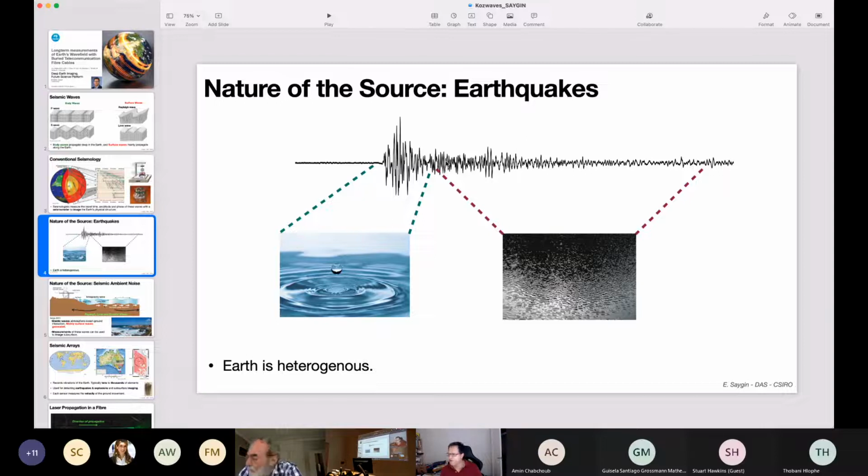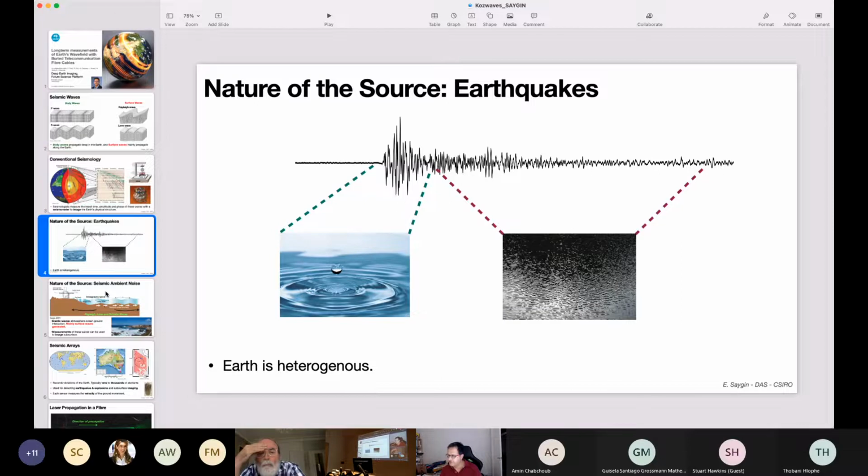The initial part of the seismogram will have a pretty deterministic wave field. A good analogy is a droplet on a lake, where it creates concentric waves. But the later part is much more chaotic because the Earth is heterogeneous, which creates lots of diffraction, conversion, and attenuation, and you get really long wave trains. Normally, it does not immediately make sense, but we know that it is a part of the earthquakes.